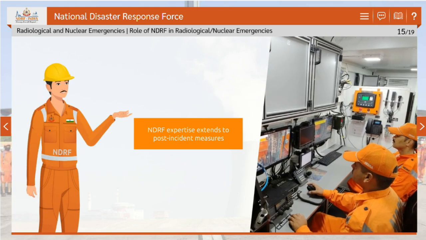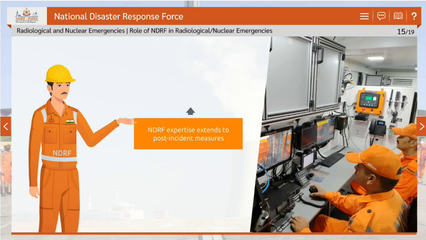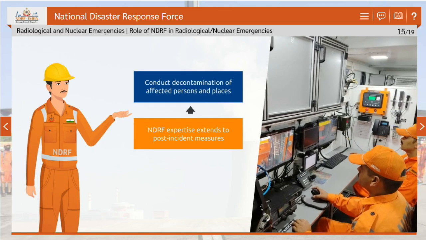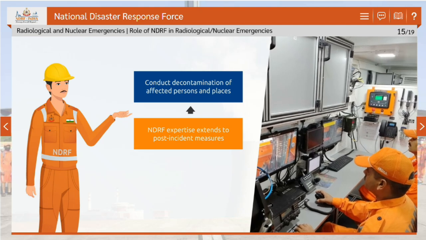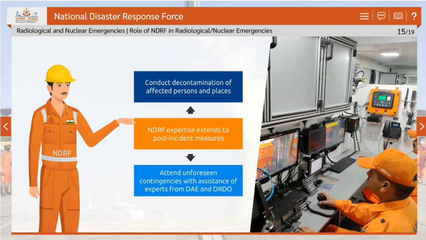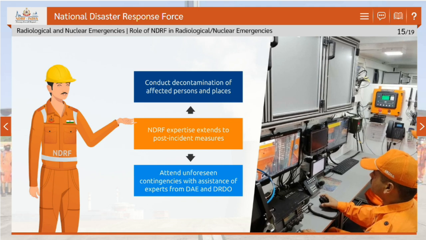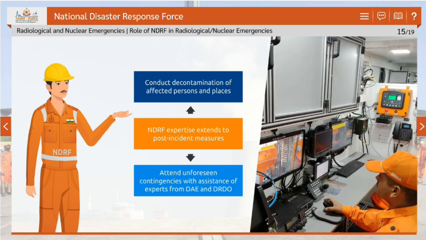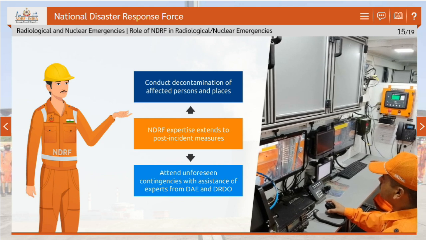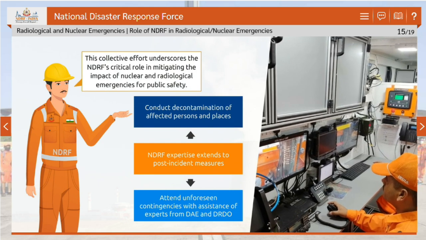Their expertise extends to post-incident measures, conducting vital decontamination of affected individuals and areas to contain radiation. In unforeseen situations, collaboration with experts from DAE and DRDO enables swift and comprehensive responses, pooling resources and expertise. This collective effort underscores the NDRF's critical role in mitigating the impact of nuclear and radiological emergencies for public safety.